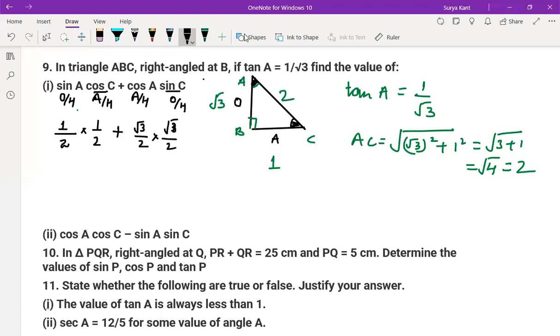Till here, hope everyone is clear with this. So 1 by 4 plus 3 by 4. So 4 by 4, that answer is 1.